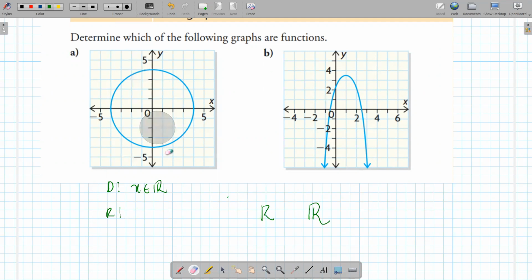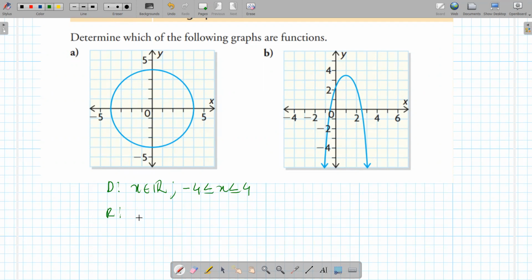So x is an element of all real numbers, given that x is between -4 and 4. So that's the proper notation.